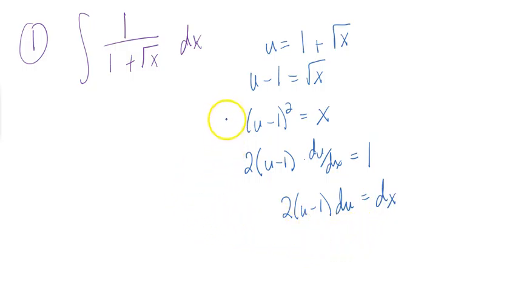So what happens now is substitution. Since this all equals dx, I'm going to take this dx out, and I'm going to put all that in. So I'm going to need some space. Instead of putting the 2 over here, I'm going to move it to the front so that I remember to bring it down, but that it doesn't confuse me. So I have u minus 1 du in for that dx.